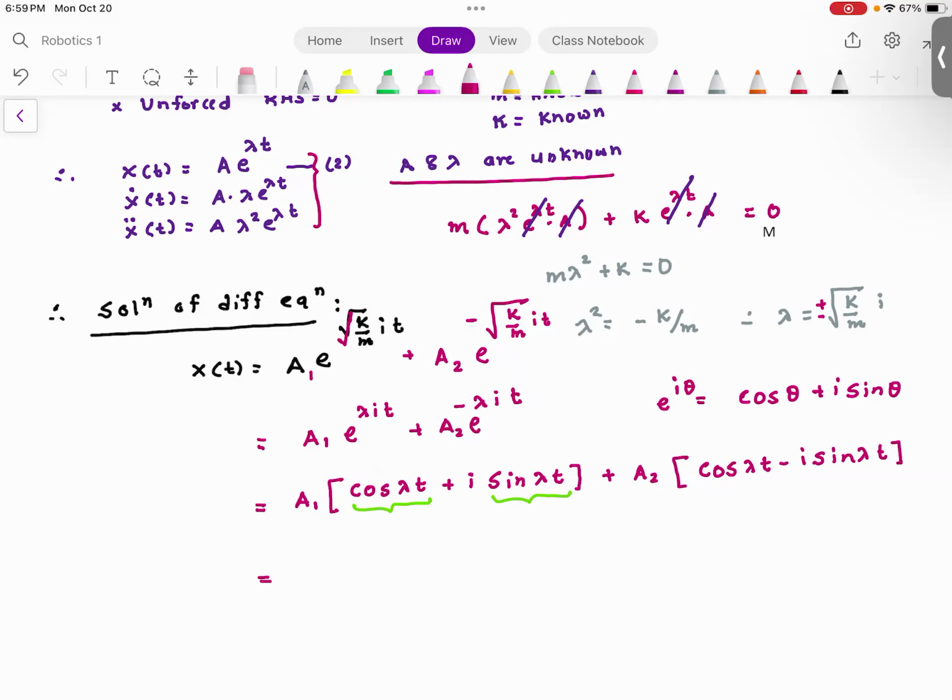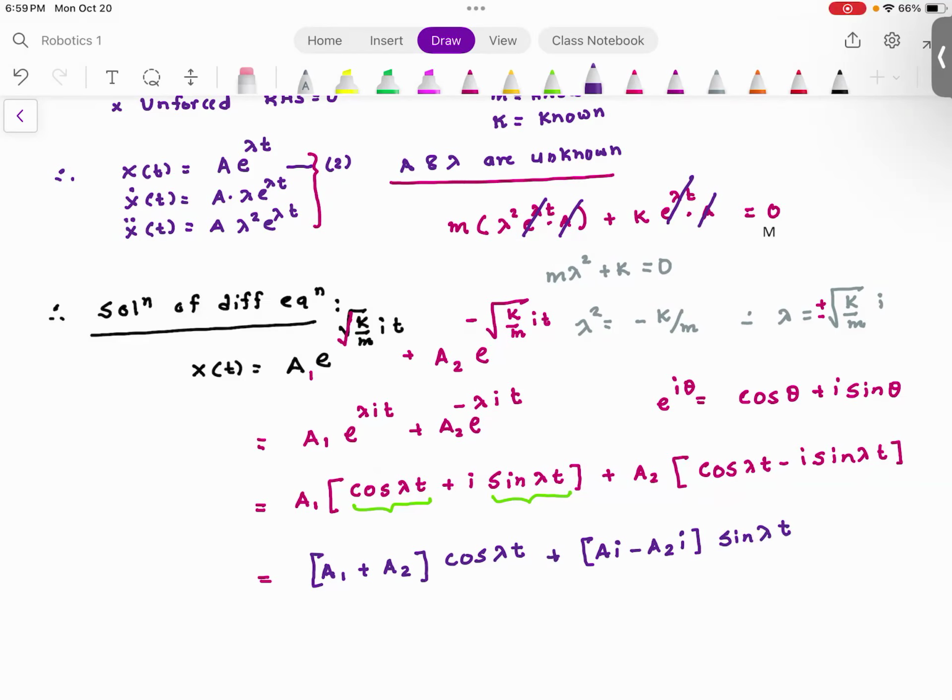If I collect sines and cosines, I get (a1 plus a2) cosine lambda t plus (a1 i minus a2 i) sine lambda t.